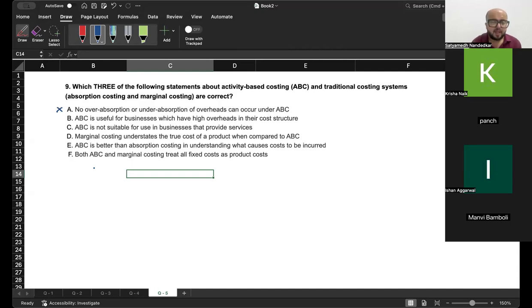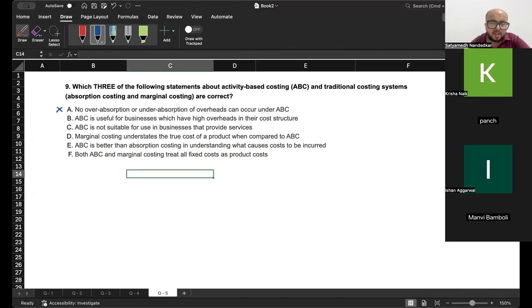Not happening. ABC is useful for businesses which have high overheads in their cost structure. This is true because see, the whole effort of identification of the appropriate cost driver, then putting yourself through the trouble of doing so many calculations, I think that makes sense only when the proportion of overheads is high.